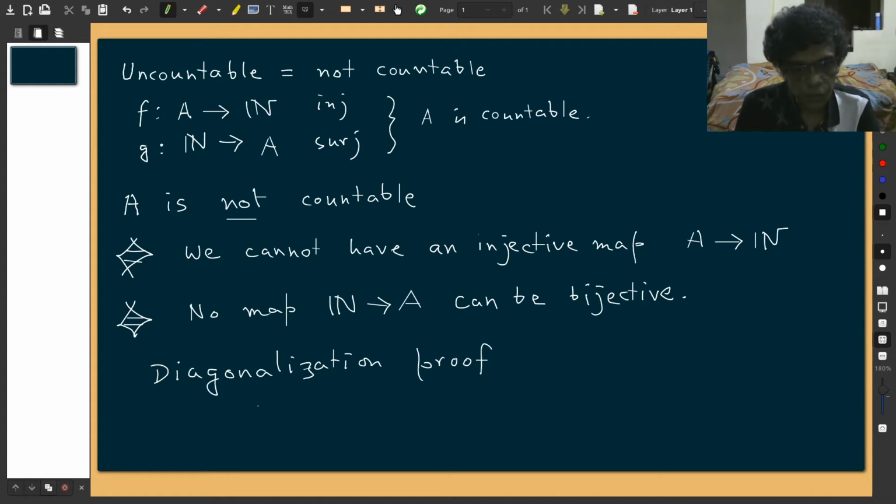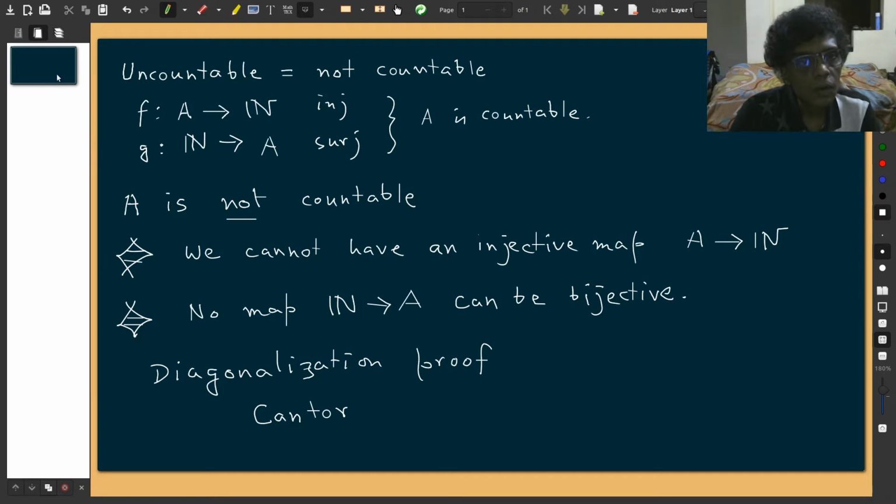And such proofs date back to Cantor, who was the first to study different types of infinities and raised an important question called the Continuum Hypothesis. I will briefly mention it at the end of today's lecture.